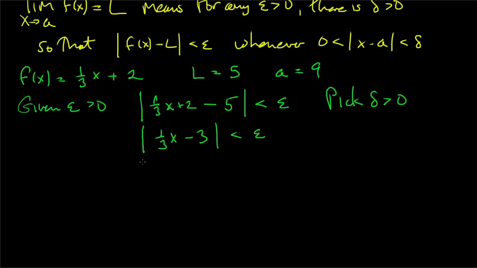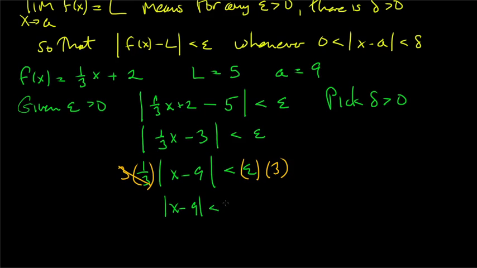If I factor out the 1/3, I get 1/3 times the absolute value of x minus 9 is less than epsilon. So if I just multiply both sides by 3, cancel the 3's on the left, now I have the absolute value of x minus 9 is less than 3 times epsilon.